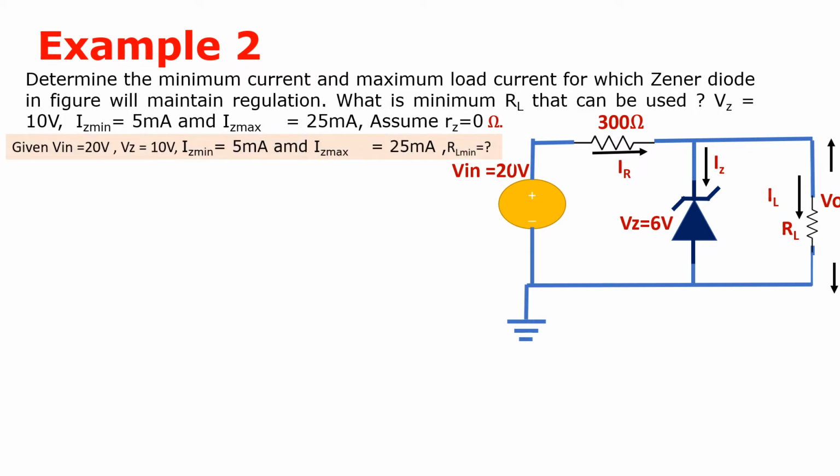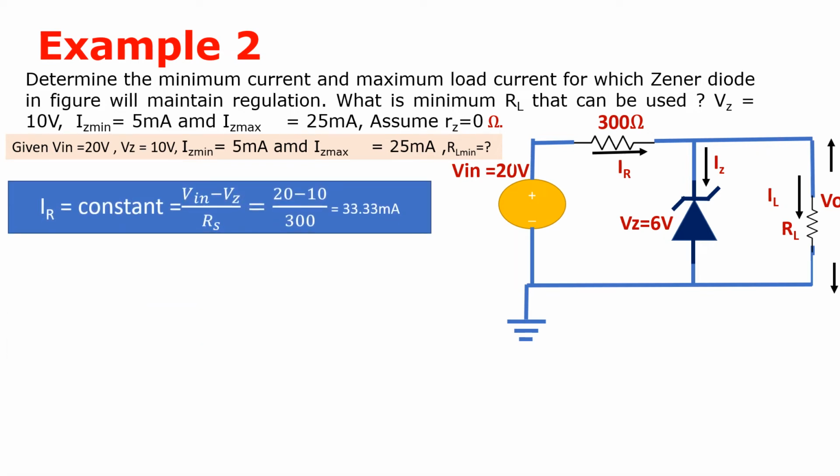So again we will consider the given parameters. Here a minimum Zener current and maximum Zener current are given, and we need to find out the minimum load resistor. So again we will calculate the constant series resistor current.